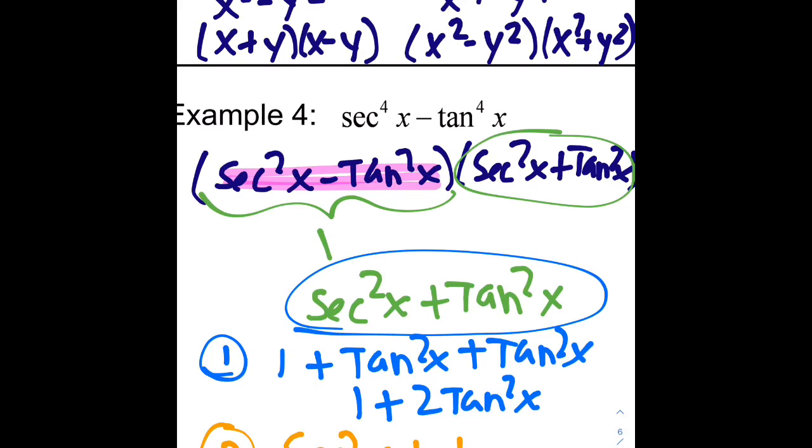Let me erase that. I could put in secant squared of x minus 1, and that would give me 2 secant squared x minus 1. And like I said, you can keep going and going, but all of those answers, they're all equivalent. They would all be full credit.